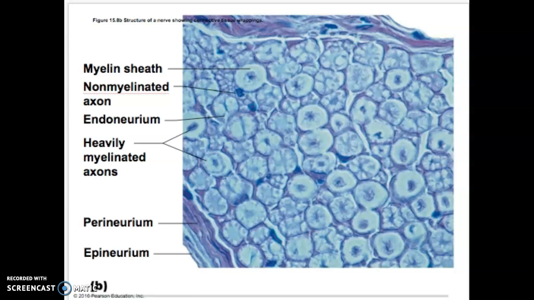So that covers the structural part of the nervous tissue. So make sure you go over these slides, use your most important points to label the practice slides, and you will do fine.